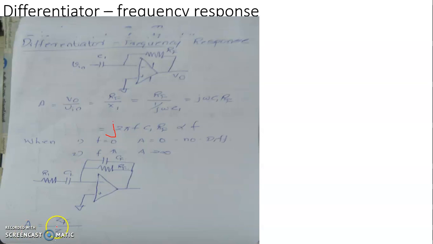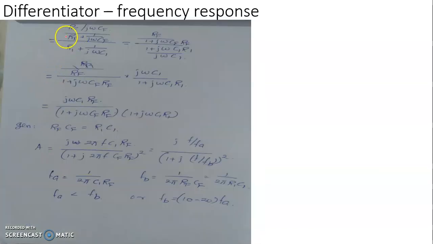Gain becomes A equal to ZF, the impedance in the feedback path, divided by Z1, the impedance in the input. The impedance in the feedback path is a parallel combination of RF and the capacitive reactance XCF, and the impedance in the input path is a series combination of R1 and the capacitive reactance XC1. We will now see what exactly this will be.